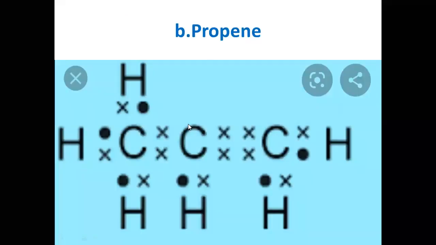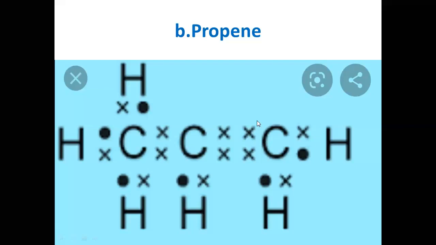B is the electron dot and cross structure for propene. So propene has at least one carbon-carbon double bond. This carbon-carbon bond is single because only one electron pair is shared between the two carbon atoms. But this bond is a double covalent bond because you can see that four electrons, or if we take it in the form of pairs, two electron pairs are shared between two carbon atoms, and that type of bond where two electron pairs are shared between two carbon atoms is called a double covalent bond.